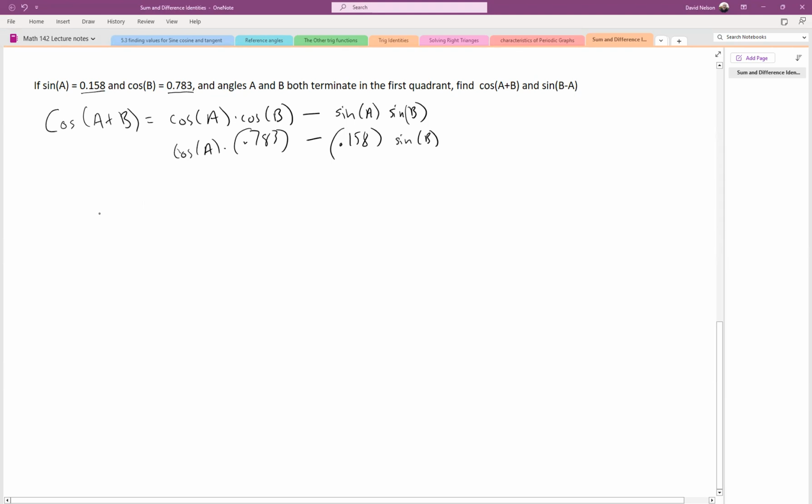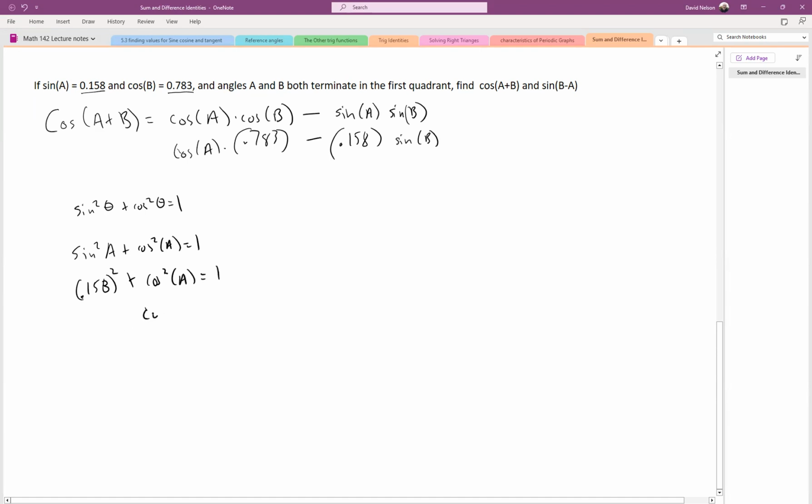But we can get those if we think back to the Pythagorean identity. We know that sine squared theta plus cosine squared theta is equal to 1, and that's true for all angles. So in particular, sine squared A plus cosine squared A is equal to 1, and I'm told that the sine of A is 0.158, so 0.158 squared plus cosine of A, quantity squared, is equal to 1.